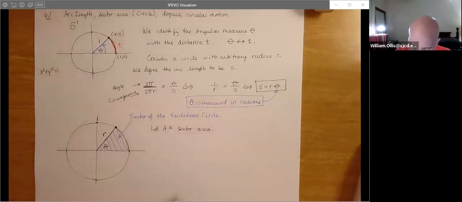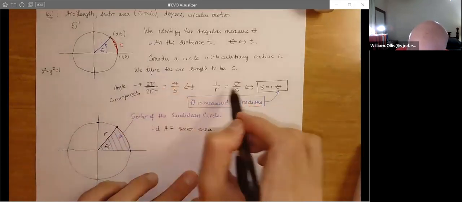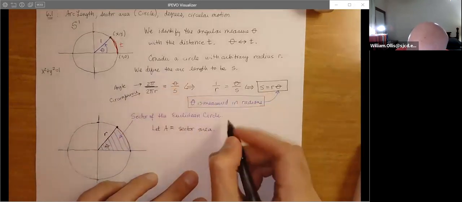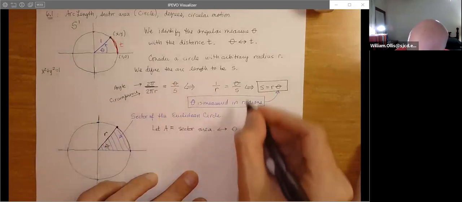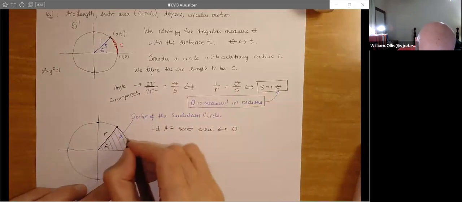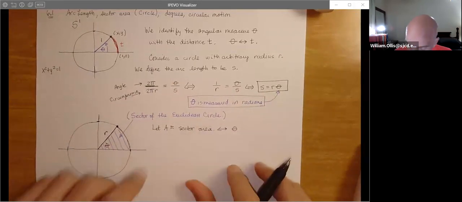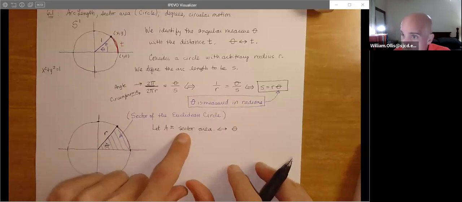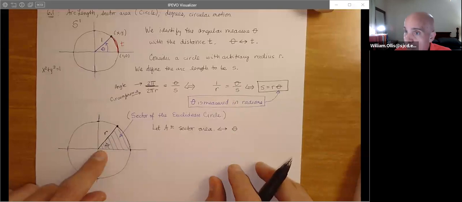So when we think about this, we have sector area, just like we had in this case an S, which corresponds to theta. So we just say sector of Euclidean circle, A designating the area of corresponding central angle theta.